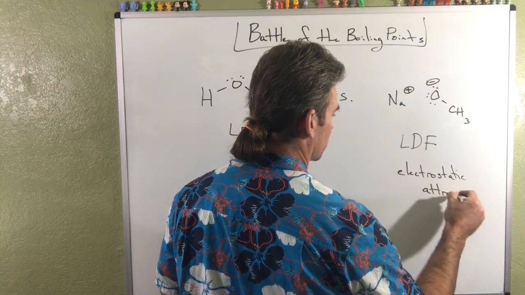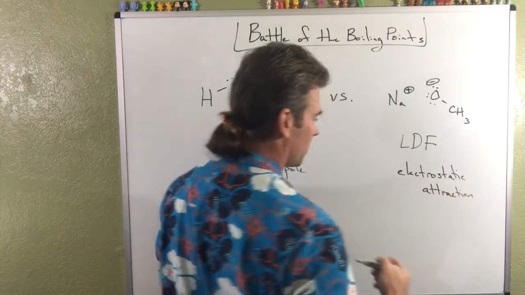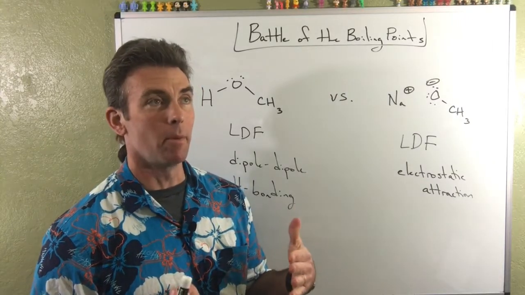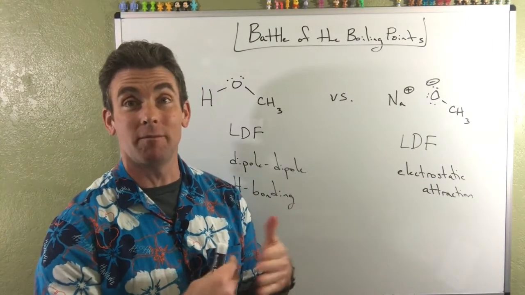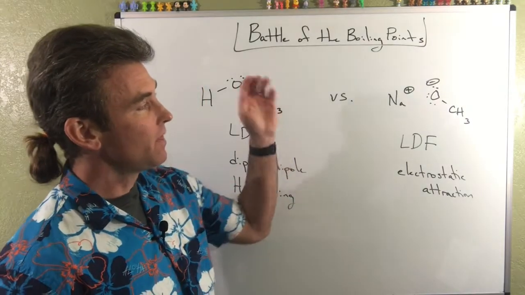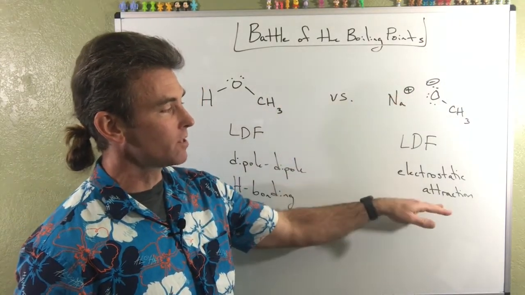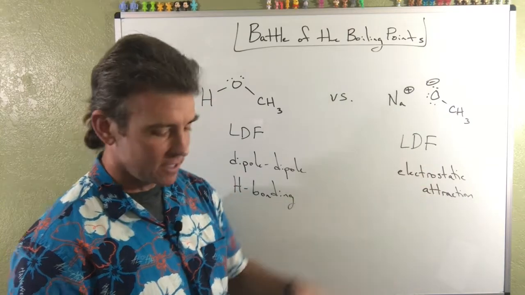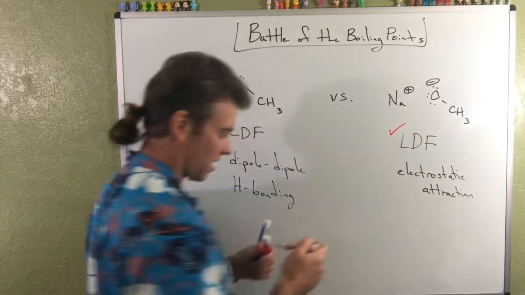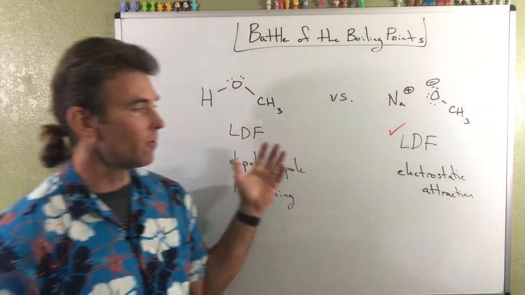was called electrostatic attraction. And remember that is the pull, or the force, between a full positive and a full negative, or multiple positives and multiple negatives. And that force is incredibly strong. And so it turns out that this one will have a much, much higher boiling point than the other one.